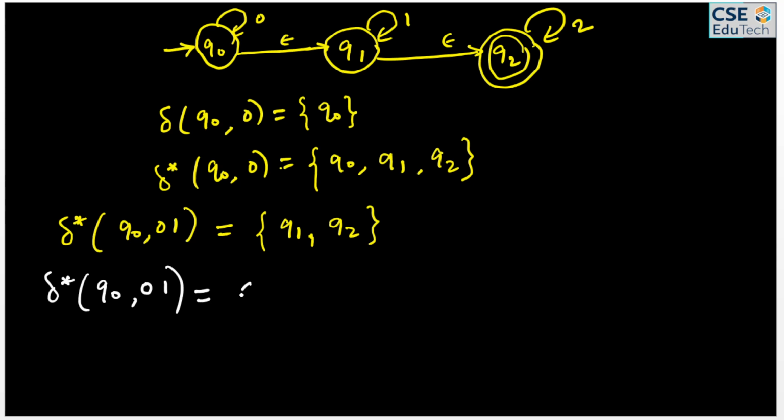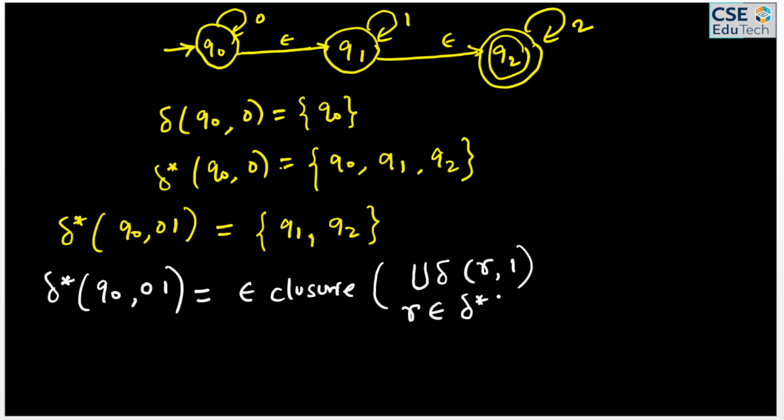Basically, we can obtain the epsilon closure of the union of del r comma 1, where r belongs to delta star of Q naught and 0. We can find it using this.